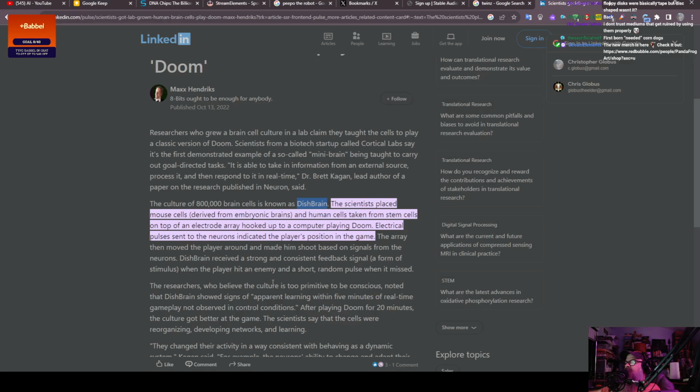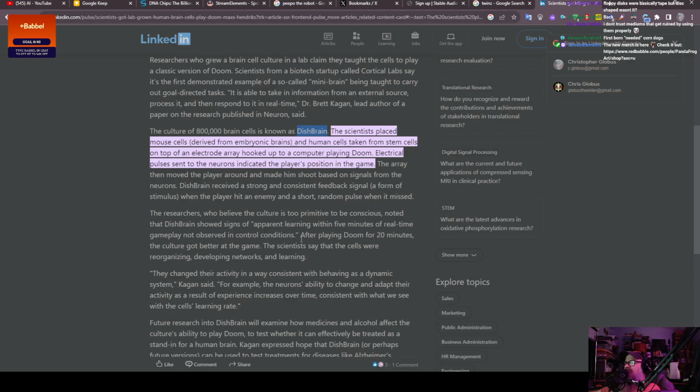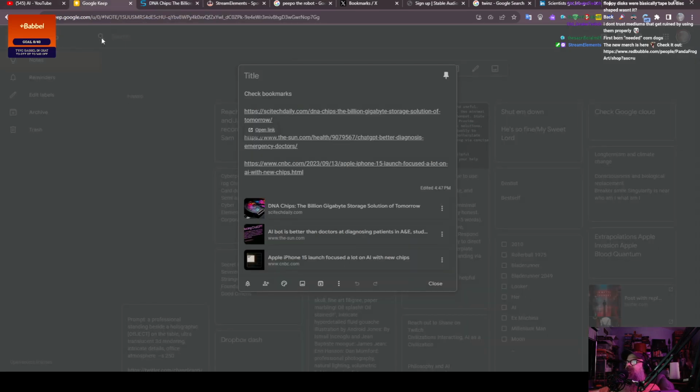So they created a brain that can play Doom. And quickly, after playing Doom for 20 minutes, it got better. The cells were reorganizing, and then the Australians recently created a brain computer hybrid, and they were having that play something. That's what I was looking for, but here we are. So yeah, biological and synthetic crossover is the way of the future.